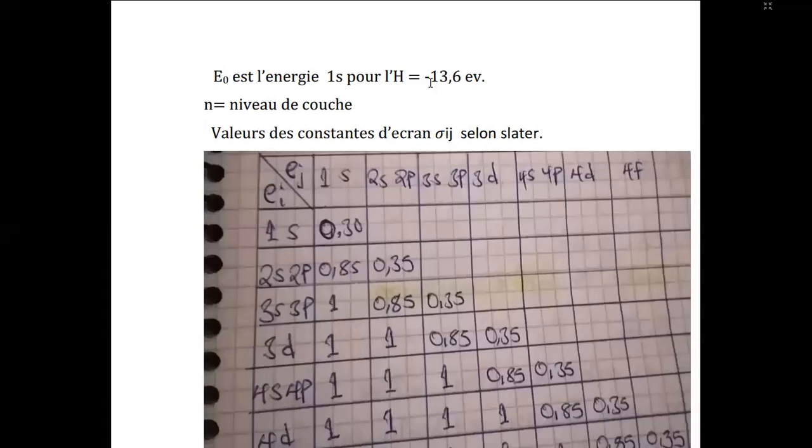So 13.6, listen to me, is always the one you place as energy when you're calculating under Bohr, in any energy level, whether n is equal to 2, 3, or 4. It is the energy you place on E0.